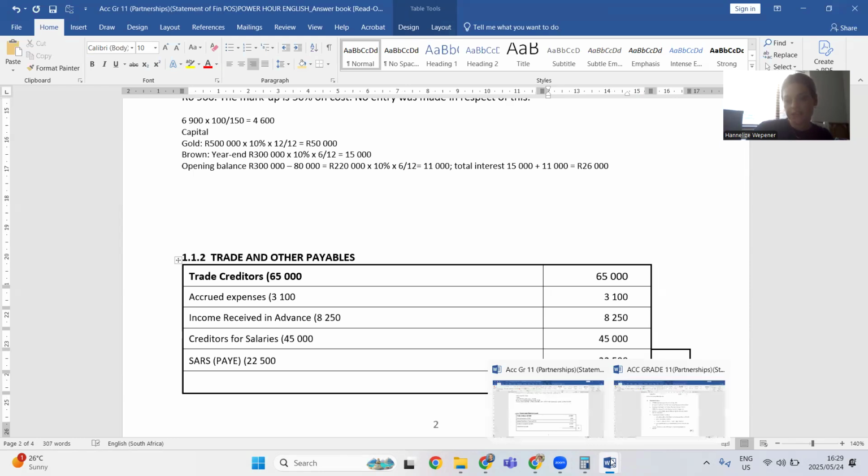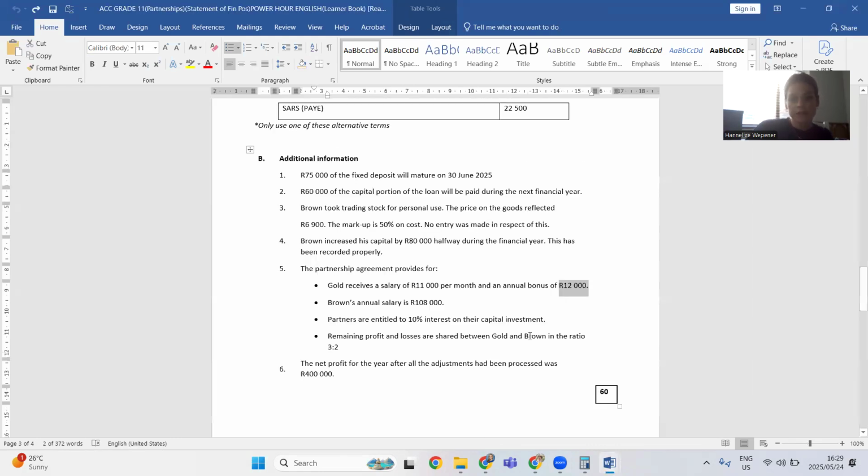So we can double check. We said fixed deposit is a non-current asset that is being reclassified as a current asset. Current portion of loan is a non-current liability being reclassified as a current liability. One of the partners took stock, and we said that that partner's drawings is increasing, meaning that we have less trading stock.